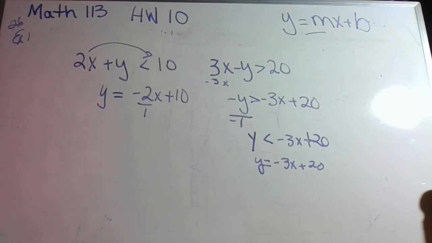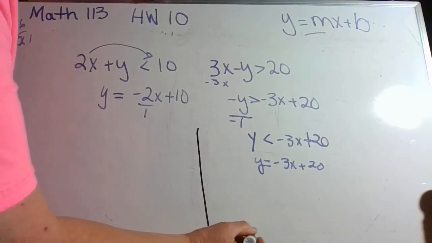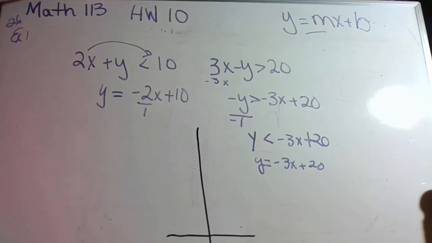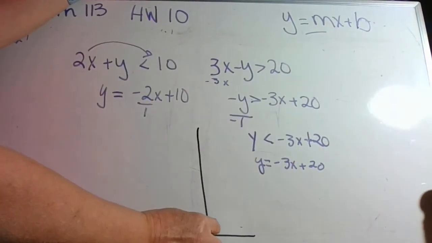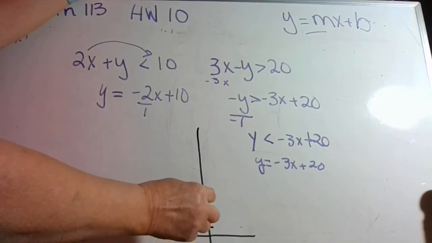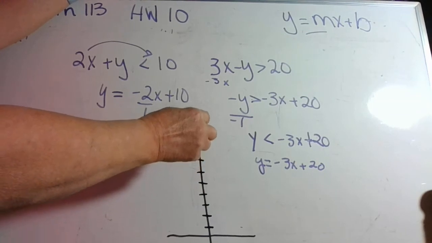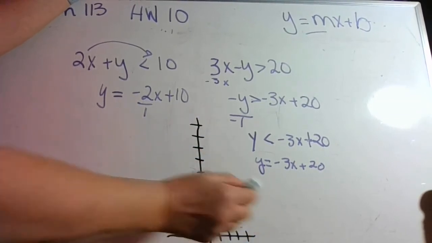Okay, I'm going to make my graph, beautiful as it may be. And since I have to go up to 20 on that one, I'm going to do this by twos. 2, 4, 6, 8, 10, 12, 14, 16, 18, 20, 2, 4, 6, 8.